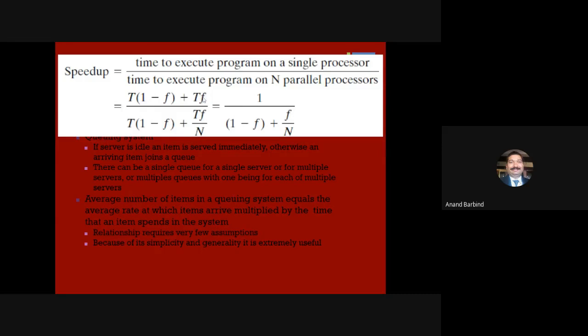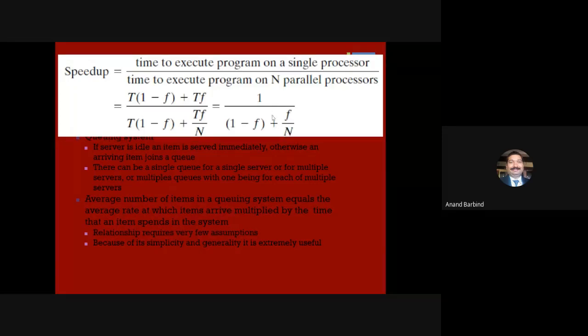If one processor is there, the total time required would be this, but if n processors are there, the serial time cannot be reduced because it has to be executed serially, but the parallel time can be reduced because you have n processors, so it is divided by n. So finally you have this formula: 1 divided by 1 minus F plus F divided by n.